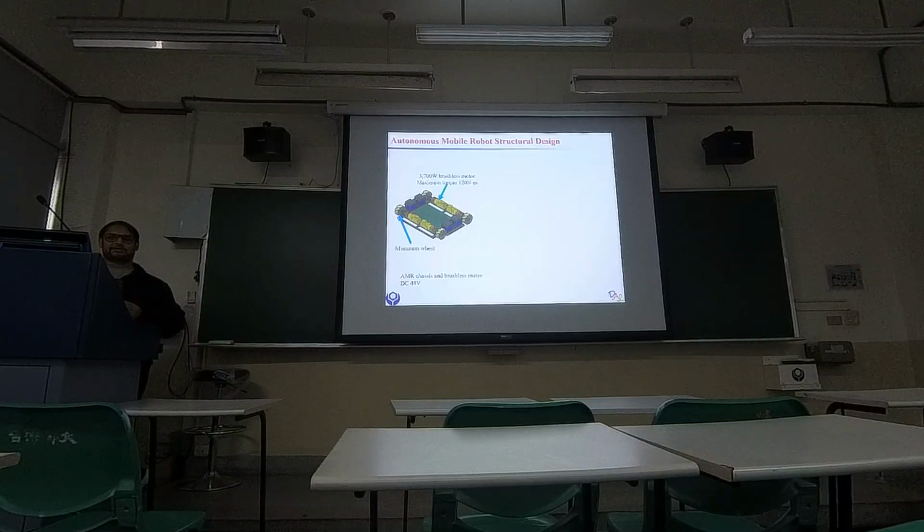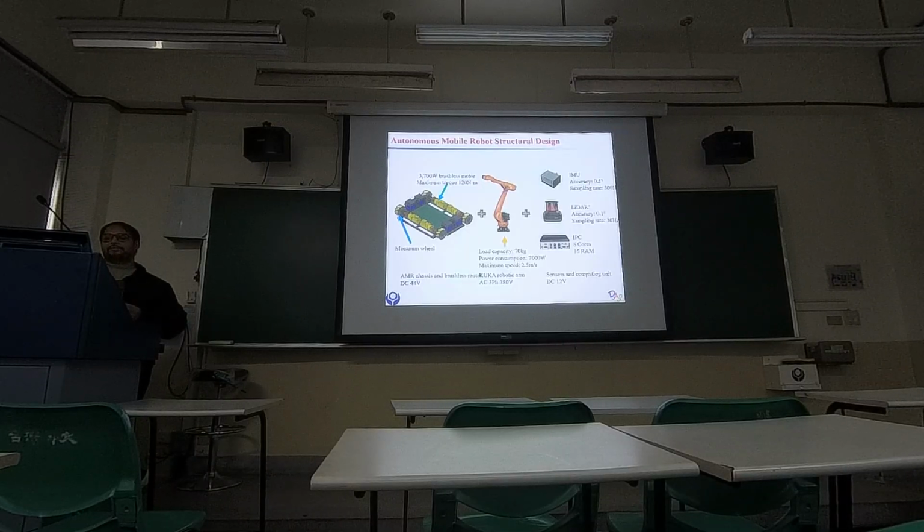Then we went to structural design. It has a 3700 watt brushless motor, with a maximum torque of 120 Newton meters, and Mecanum wheels. Then we integrated a loading capacity of 70 kg with a KUKA robotic arm, with a maximum speed of 2.5 meters per second and a power consumption of 70,000 watts.